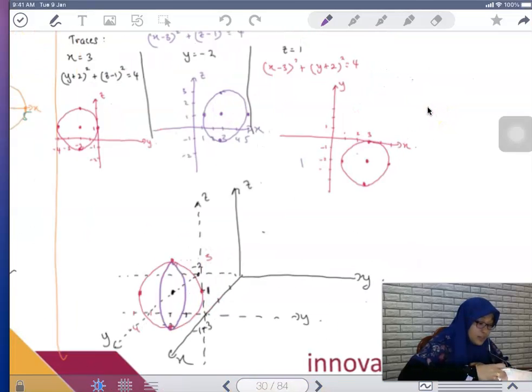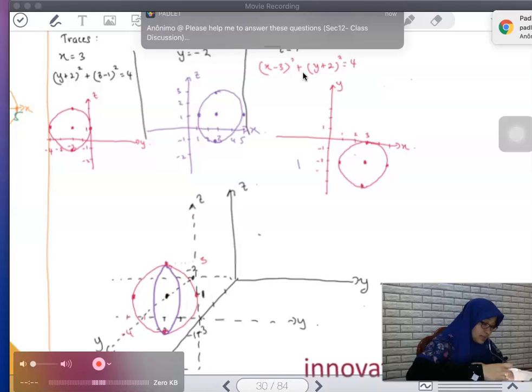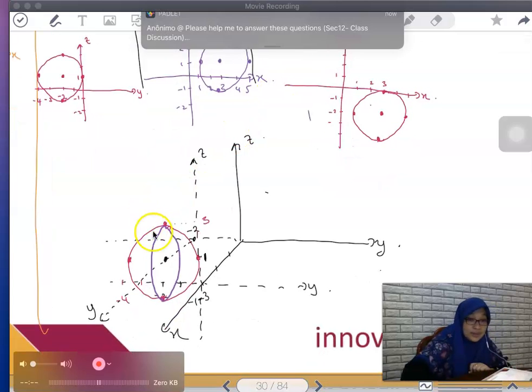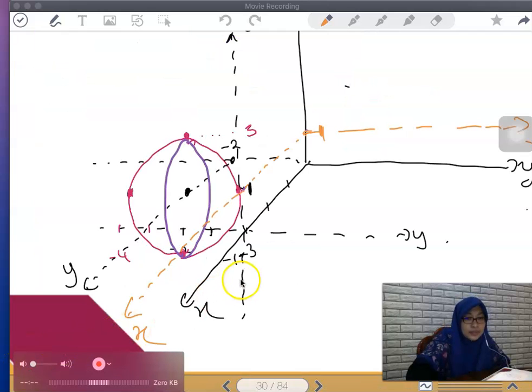By assuming that z equal to 1. So by setting z equal to 1. So where is your z equal to 1? Z equal to 1, and you redraw again the plane of the new y-x plane. Okay, so now the last trace happens when you set z equal to 1.